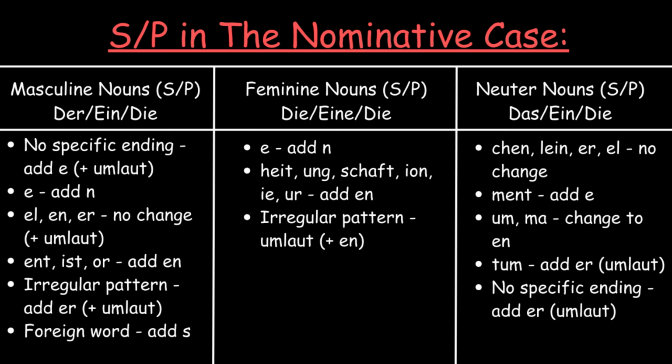If it ends in ment, add e. If it ends in ma, change it to n. If it ends in tum, add er, and sometimes an umlaut will be added. If it has no specific ending, add er, and sometimes an umlaut will be added.